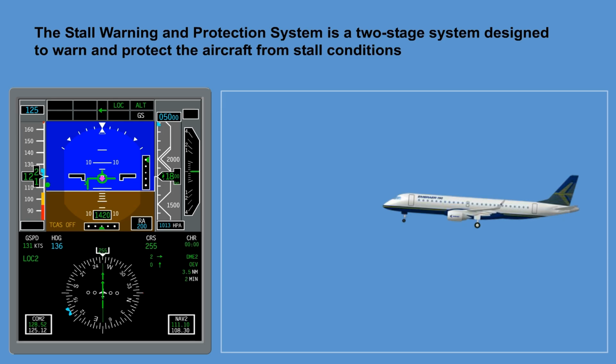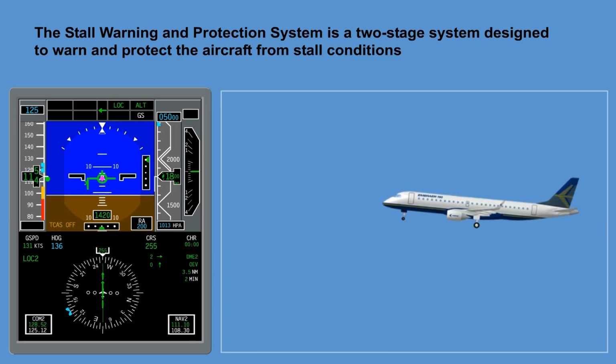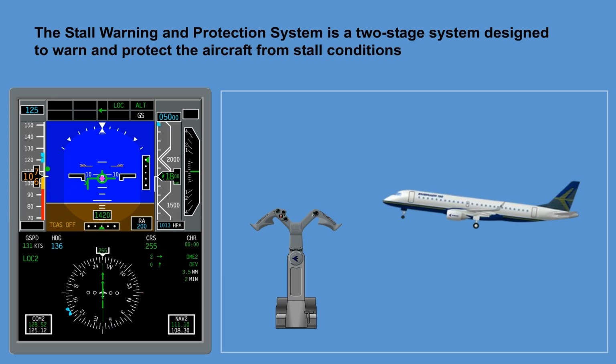The stall warning and protection system is a two-stage system designed to warn and protect the aircraft from stall conditions. The first stage of the system provides warning to the pilot that the aircraft is approaching a stall condition by activating the stick shaker motor on each control column, simulating the aircraft buffeting, displaying a low-speed awareness indication on the airspeed tape, and displaying the pitch limit indicator on the attitude direction indicator of the primary flight display.